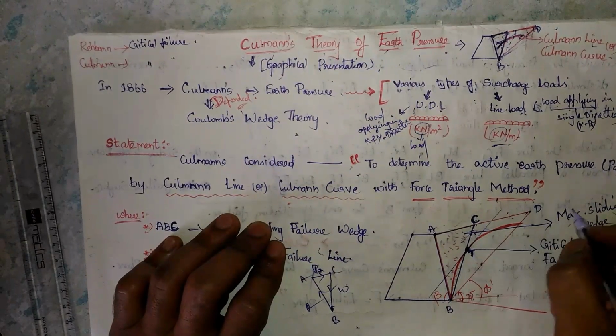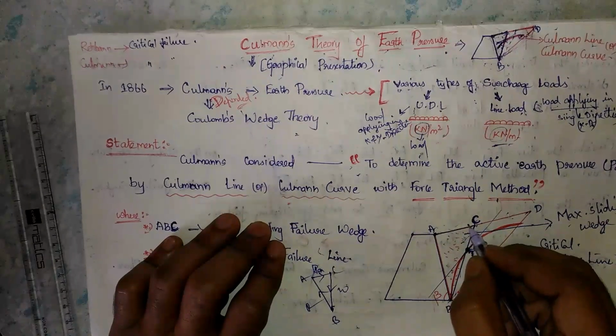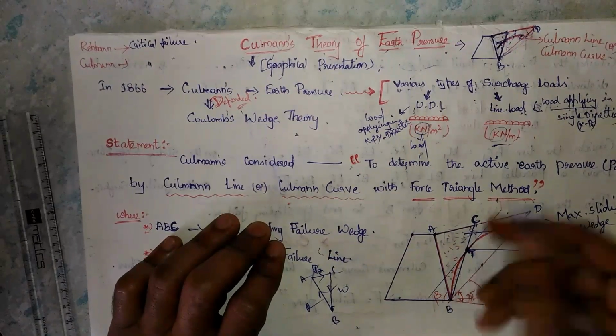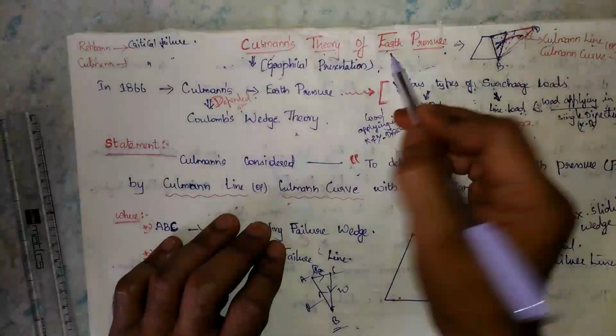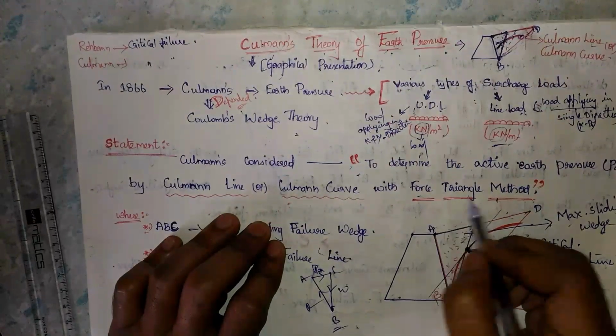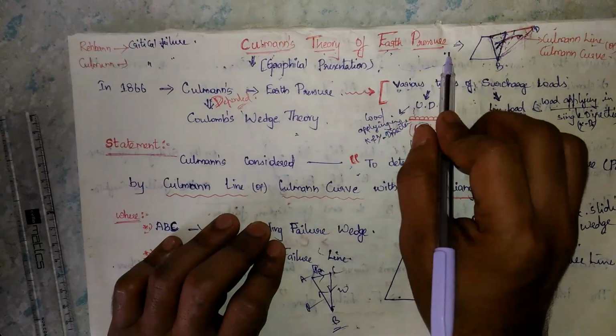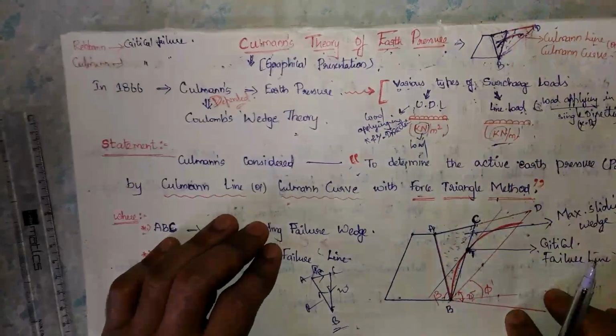Using this area, he used the force triangle method to determine the earth pressure. Okay, right, I will explain now.